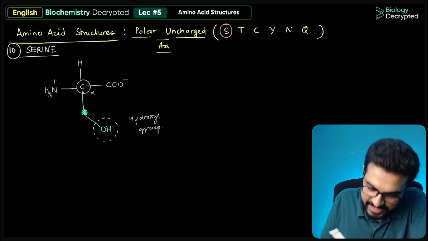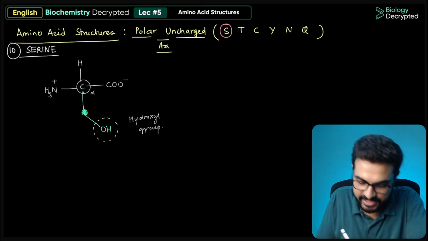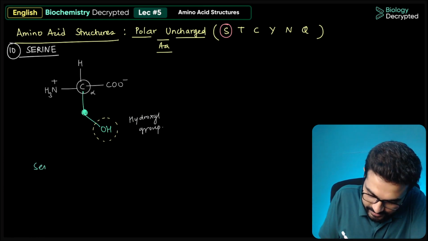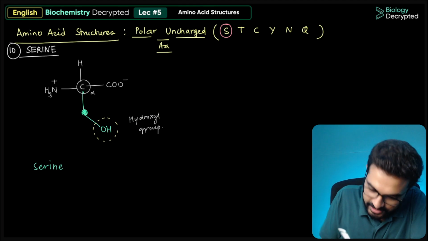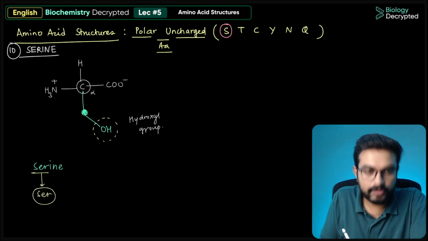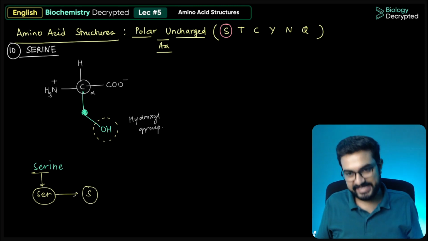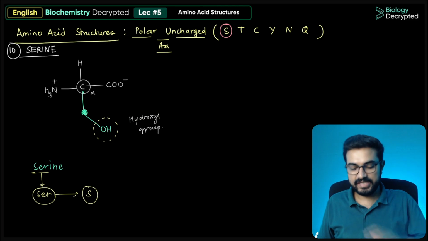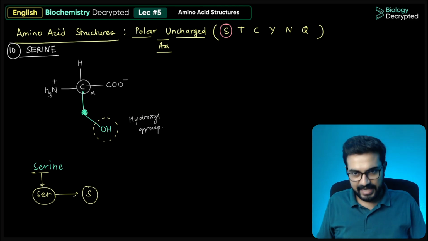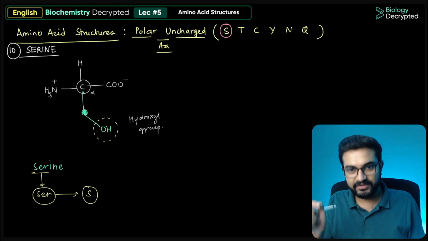And yes, for serine, which is a polar uncharged amino acid, we'll simply write its name, then we consider its first 3 letters, it's SER. So the 3-letter code for serine is SER, and the 1-letter code is S. This is how we draw the structure for serine, as simple as that. We won't directly attach OH, we'll actually make a carbon and then we'll attach OH.